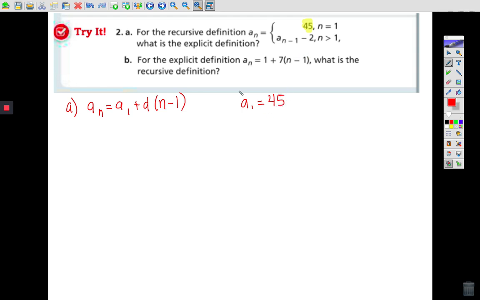In that second equation, can anybody tell me what that common difference might be? There's only one number in there. In the second part, negative 2. So our common difference is negative 2. So now we have everything that we need to plug in to write it as an explicit definition. So we would write it as a sub n is equal to, we got a sub 1, which is 45. We got our common difference, so we're not going to write plus, but instead we're going to write minus 2 times n minus 1.